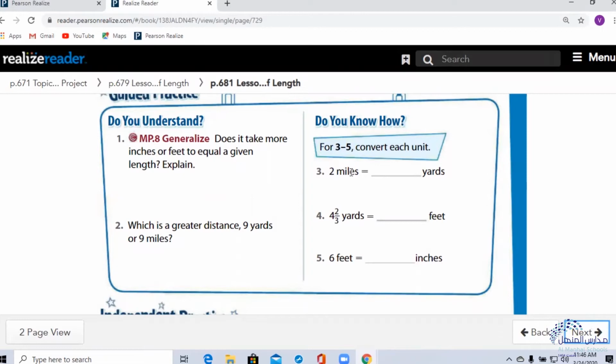So how many yards are there in 1 mile? If we look at our previous table, I know that there's 1,760 yards. So let's write that down. 1,760 yards in 1 mile.